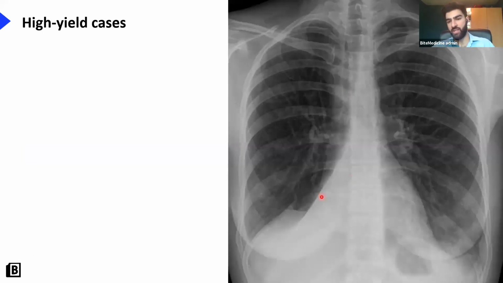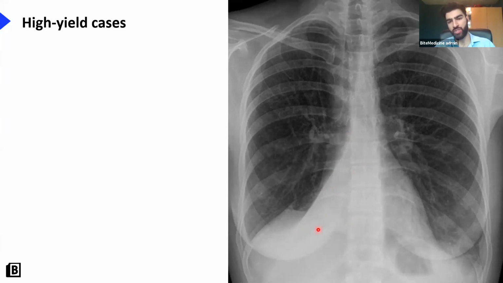What's the diagnosis here? Okay, so this is not normal, is it? Normally the heart should be nice and rounded, but there's something overlying the heart that looks very weird.